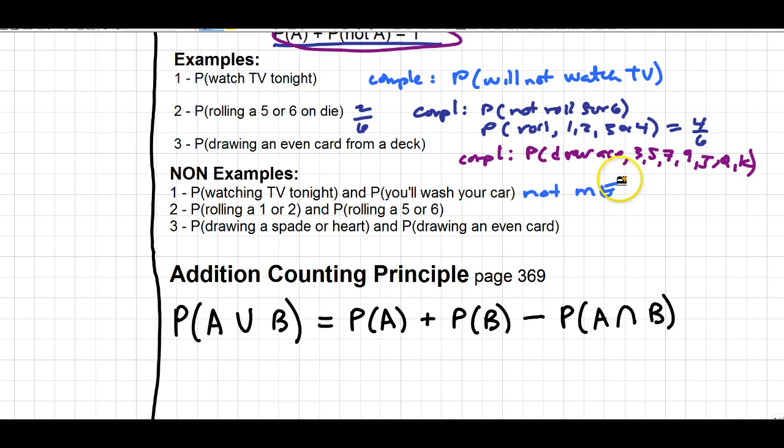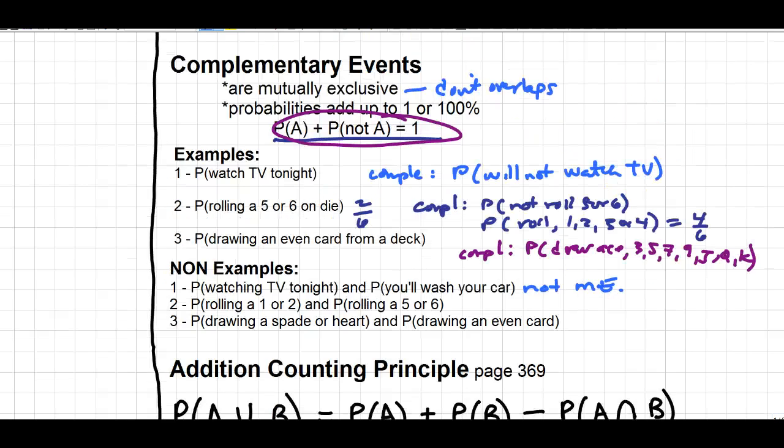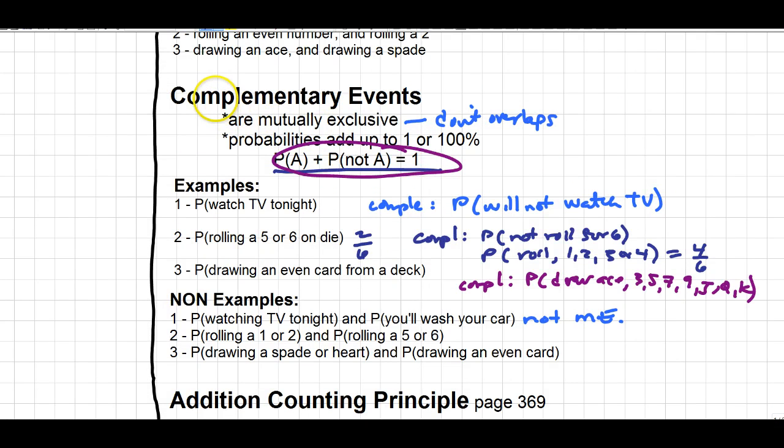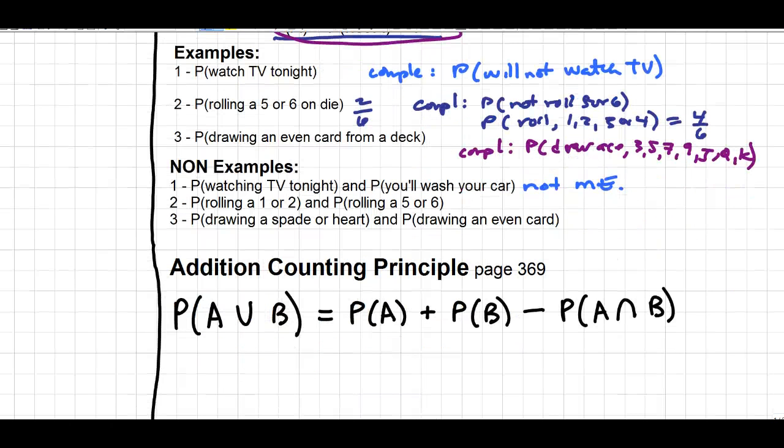As soon as two events are not mutually exclusive, then they can't be complementary either. You have to be mutually exclusive before you can even be considered to be complementary. So if they overlap in any way, you can automatically say they're not mutually exclusive and therefore they are not complementary either. So this first non-example is not mutually exclusive and not complementary either.